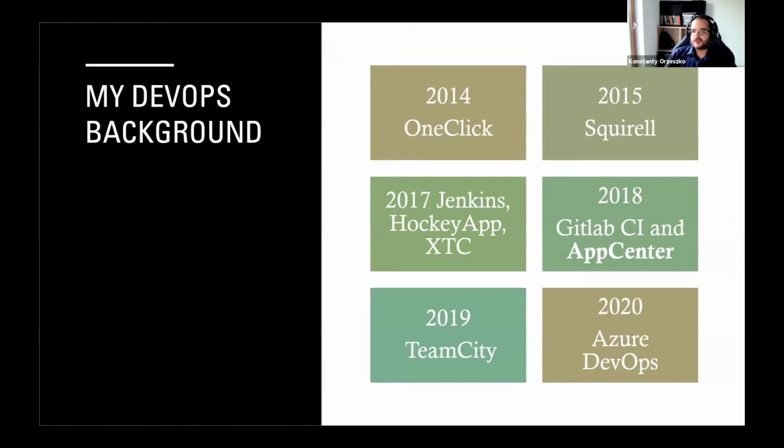Then we moved to the GitLab CI, which was the substitution for the Jenkins, and App Center, because Microsoft acquired the Hockey app, and they joined it with the Xamarin Test Cloud and provided one big nice solution for the mobile DevOps. Right now I'm working more with the TeamCity and started developing with the Azure DevOps, but that's not the topic for today. So what is the plan for today?